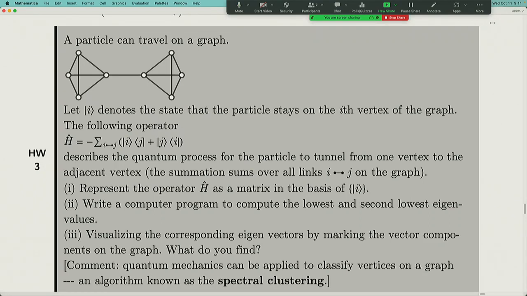For now, we can construct a Hermitian operator that represents the particle hopping on the graph. For every i and j that are connected by a link, we write down a term like that. This term means we can take the j state and move it to the i state: we take the state where the particle is living on the j side and return the new state where the particle appears on the i side.